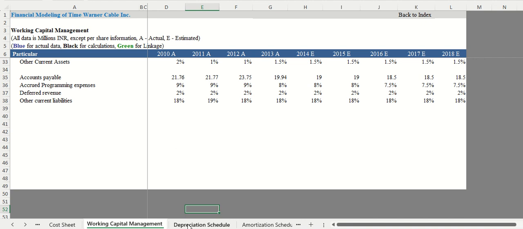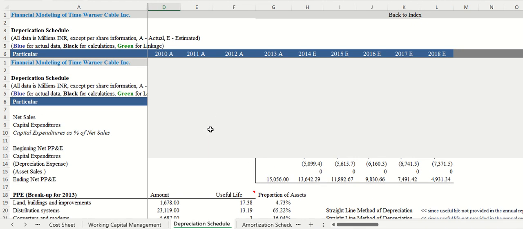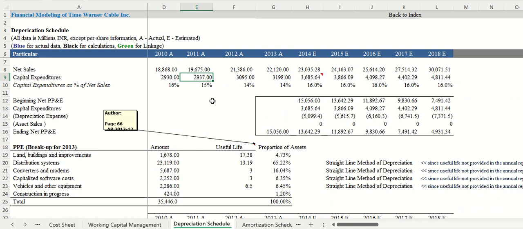Then we have the depreciation schedule for the particular company. Let's say there are net sales. Then we have the capital expense, the type of expenses we generally incur this year for capital purposes. These are the total expenses we put in the bucket as capital expenses or for work in progress for the development of any assets of that company.